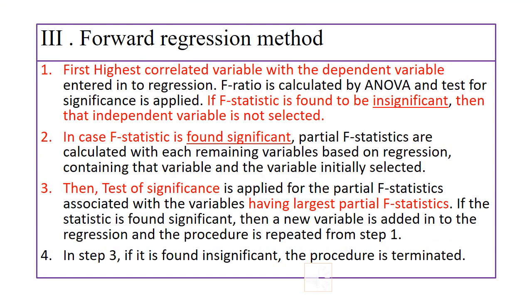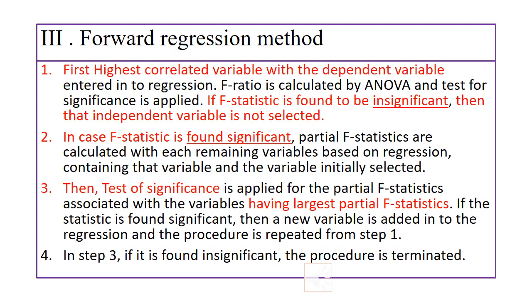Forward regression method. Forward regression starts by first selecting the variable most highly correlated with the dependent variable, which is entered into the regression. The F ratio is calculated, analysis of variance and a test of significance are applied.